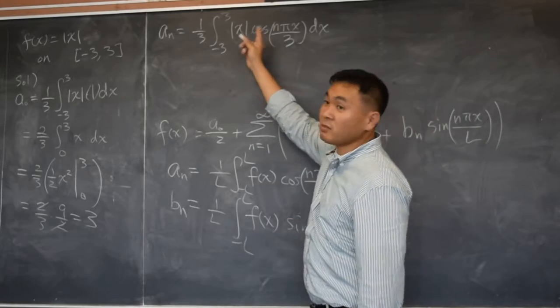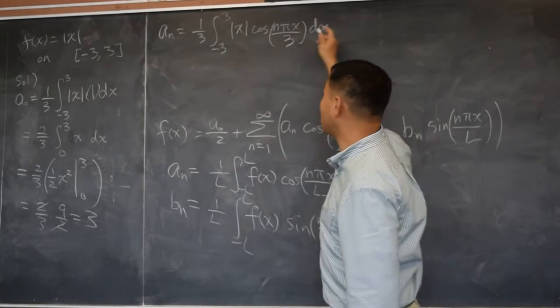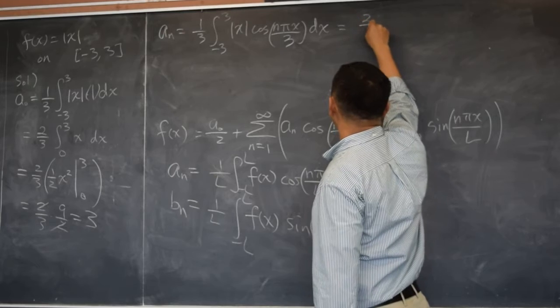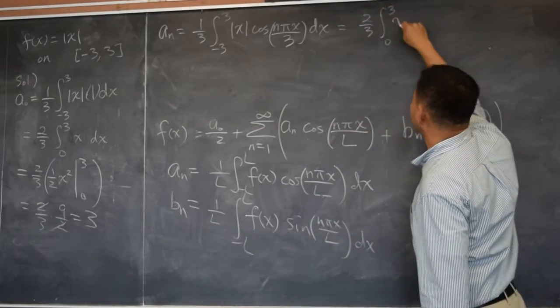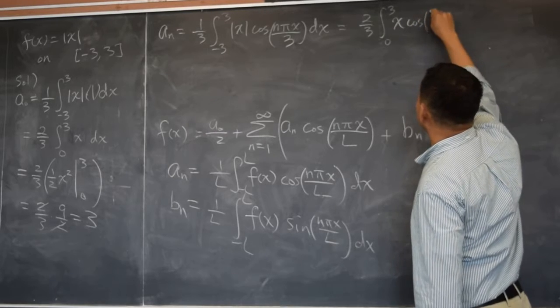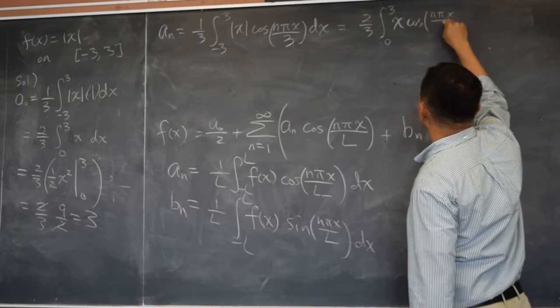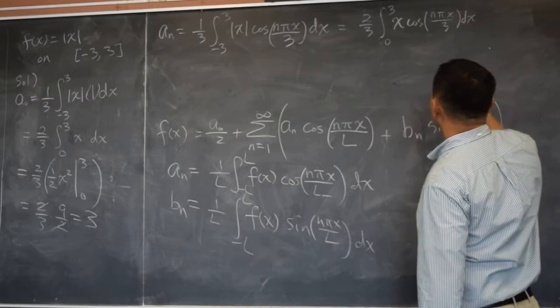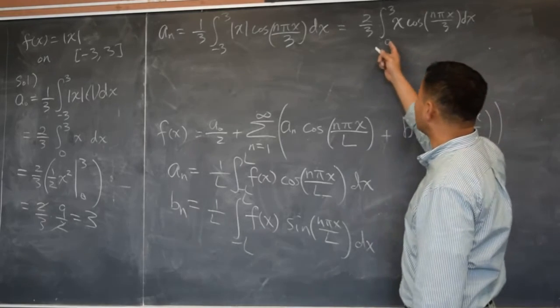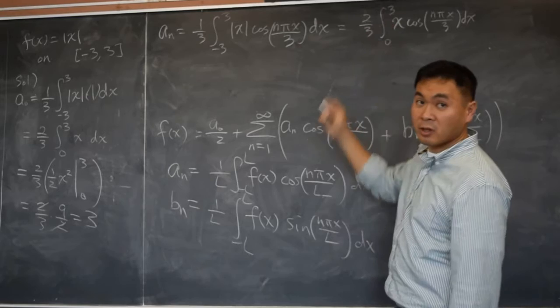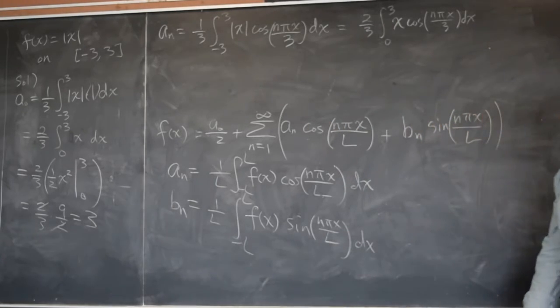That's even times even is even, so we double: 0 to 3 integrate x times cosine n pi x over 3 dx. Now I got rid of the absolute value because the domain is from 0 to 3, so absolute value of x is the same as x on this domain.